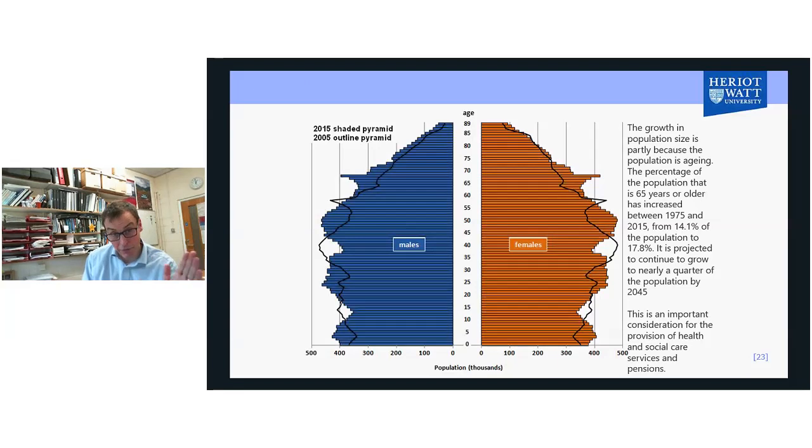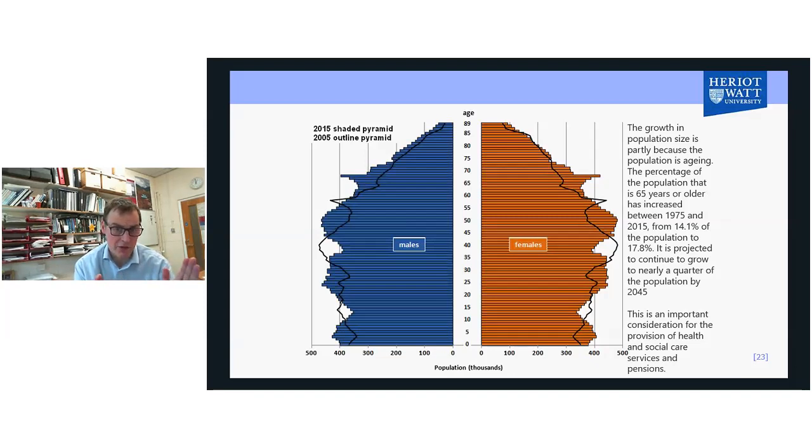And of course, coupled with that, this growing number of older people, which is absolutely a positive thing, means that, because once you get beyond 65 typically people stop working or certainly reduce their working hours, the remainder of the population has to work and pay taxes to maintain public services.